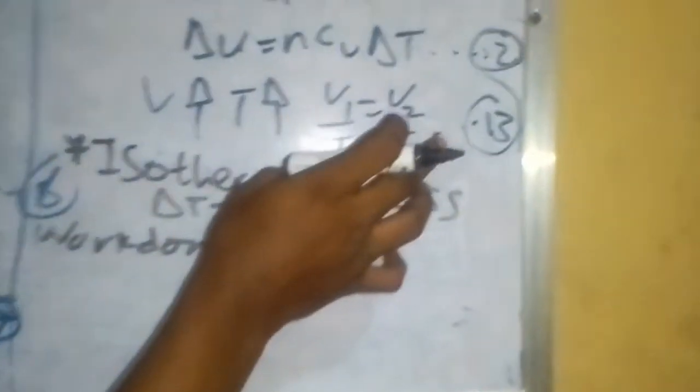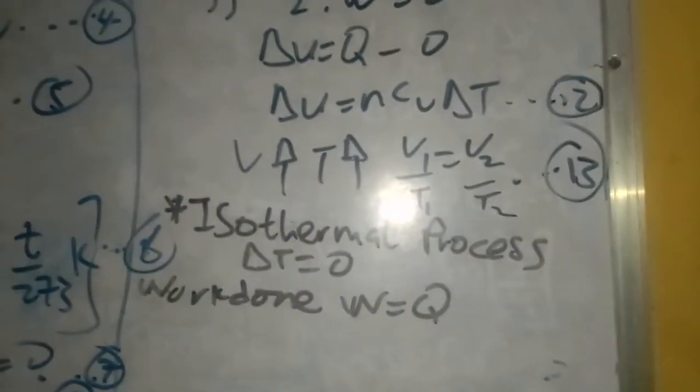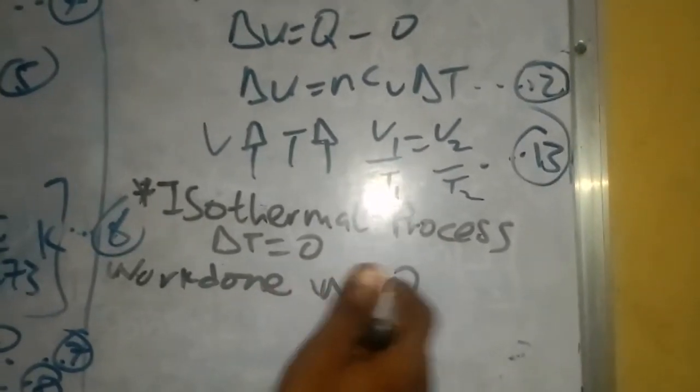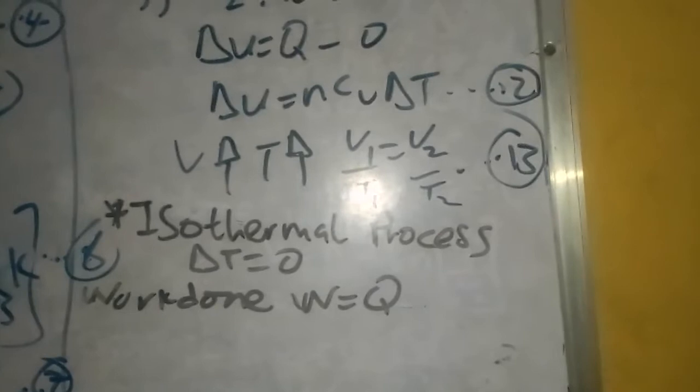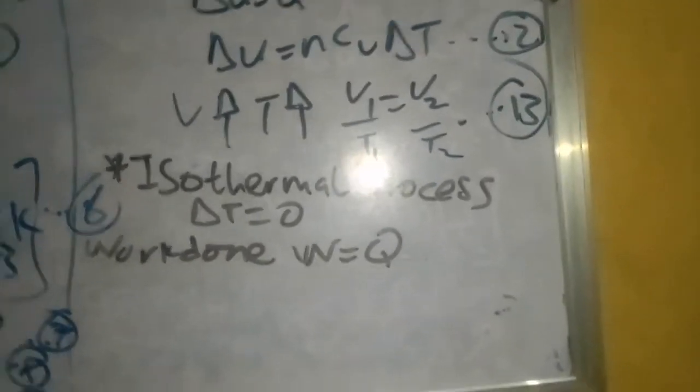Remember my theory. I said that the universe is equivalent to system plus surrounding. It means that the summation of a system and its surrounding will give you the universe. So the work done is equal to the heat flow.